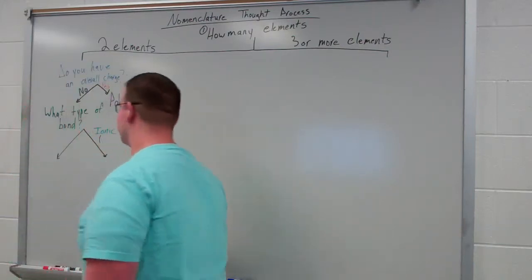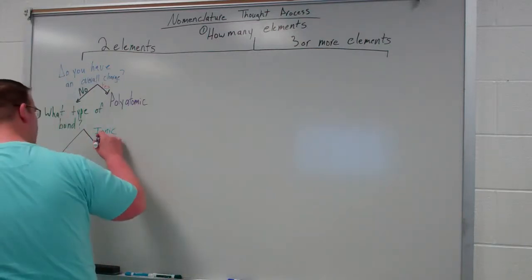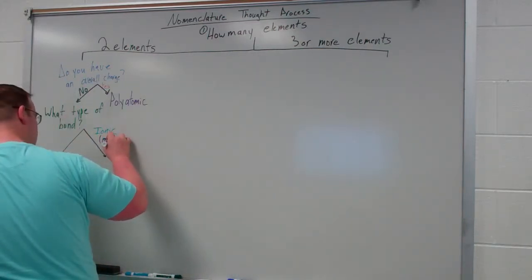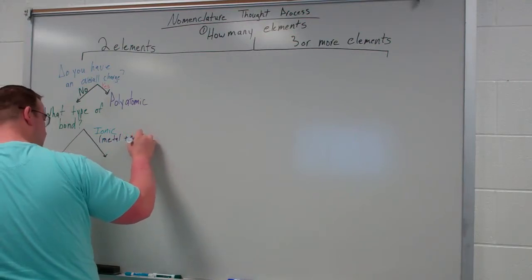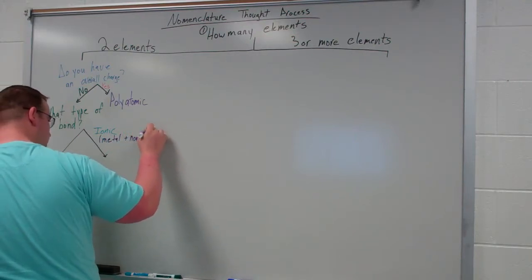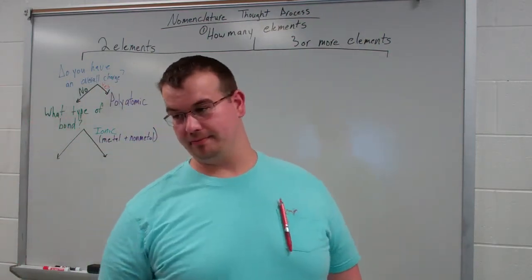A lot. Okay, so ionics are made of metals and non-metals. So a metal and a non-metal. How can you tell whether you have a metal or a non-metal?